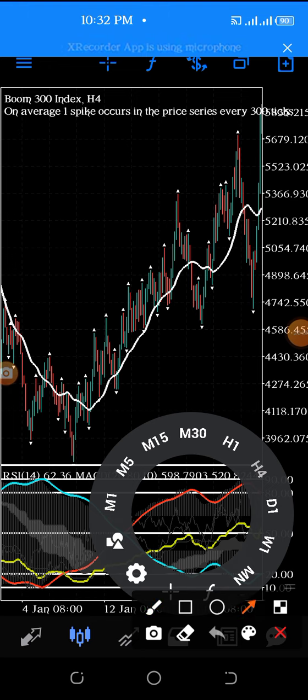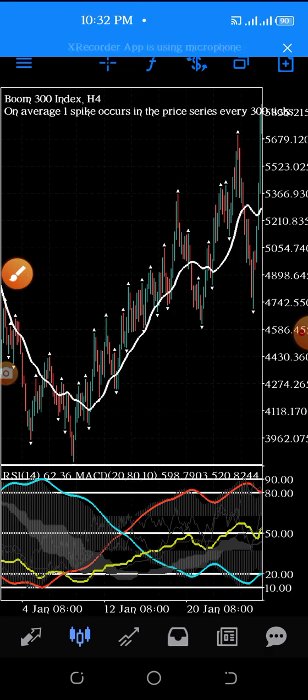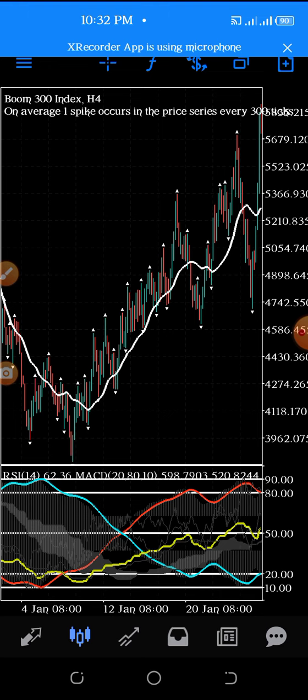Like this arrow now, going up, you know the market is trending and it's going up. So that is trending. If it is trending, then is it uptrend or downtrend? You have to know that, which I've just showed you with the arrow.